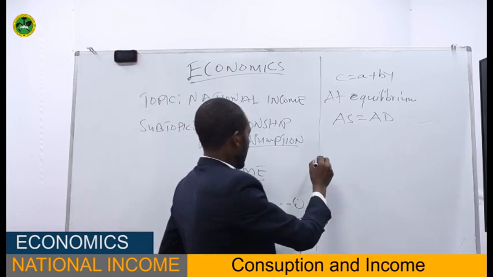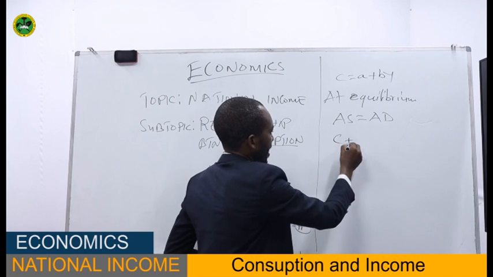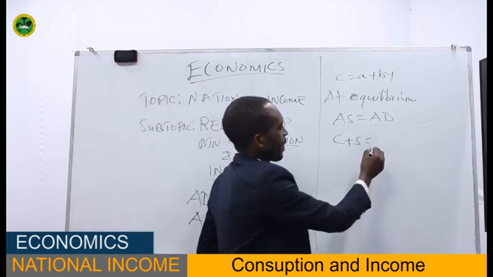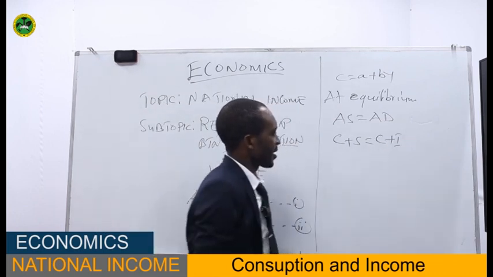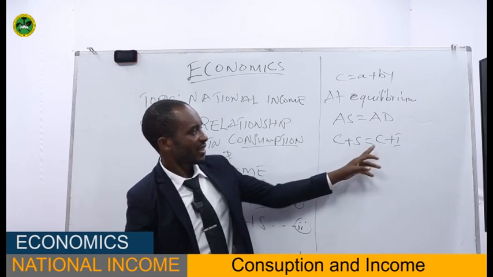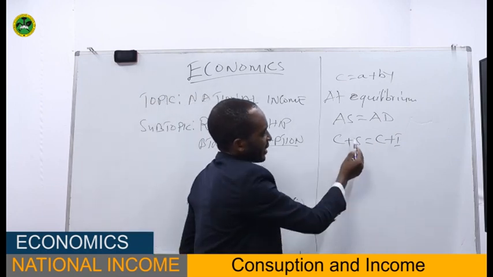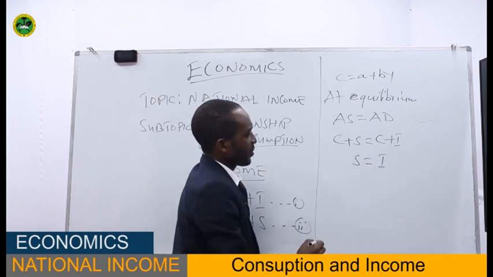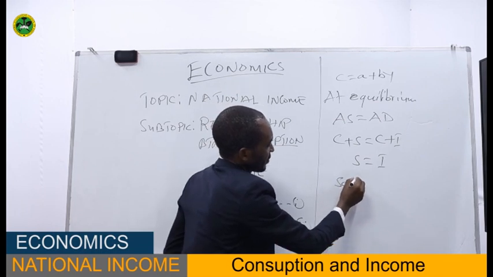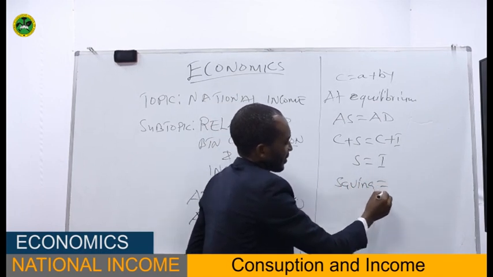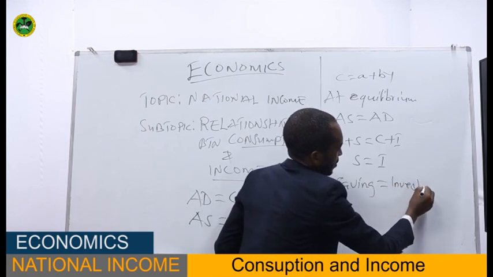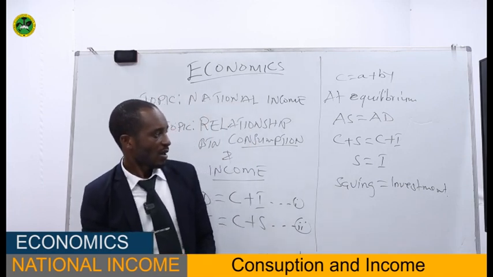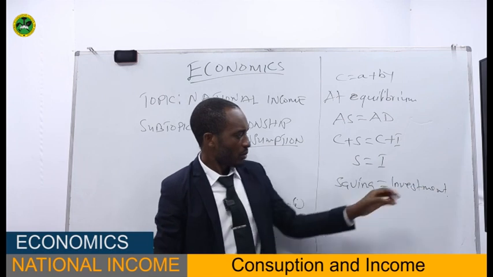The aggregate supply will be C plus S, and the aggregate demand will be C plus I. When you collect the like terms, C and C cancel, so remains S equals I, where S is saving and I is investment. So at the equilibrium level of income, saving will be equal to investment.